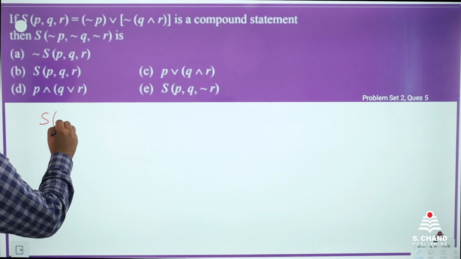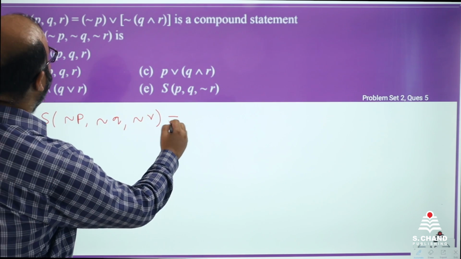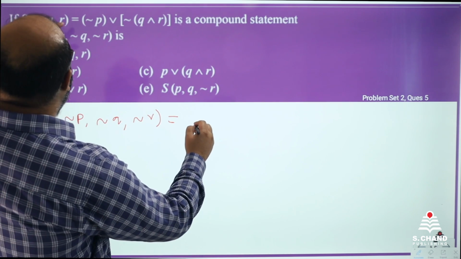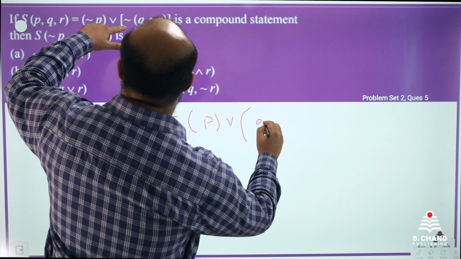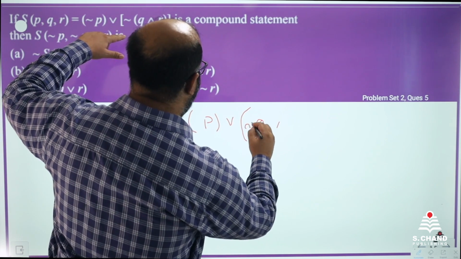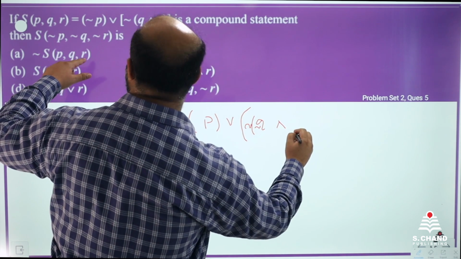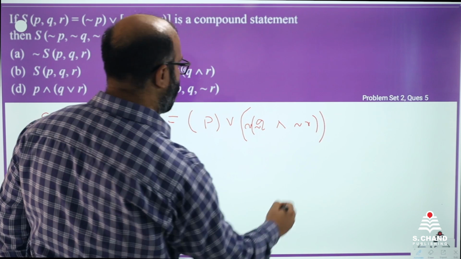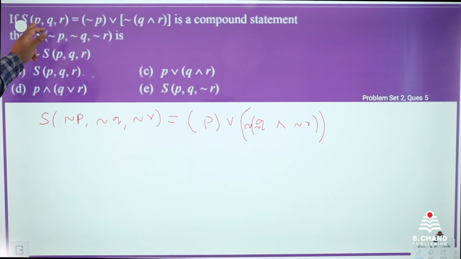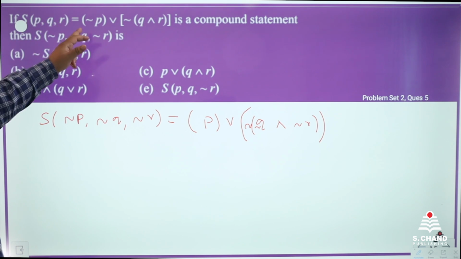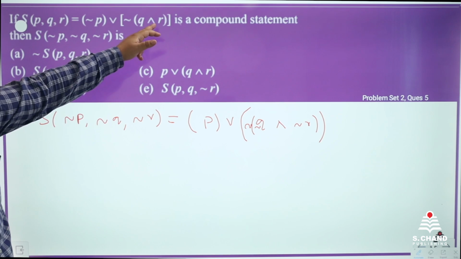As from this definition, it will become P or Q and not of Q and not of R. You will get that not of P will become P, not of Q will become Q, and not of R will become R here.